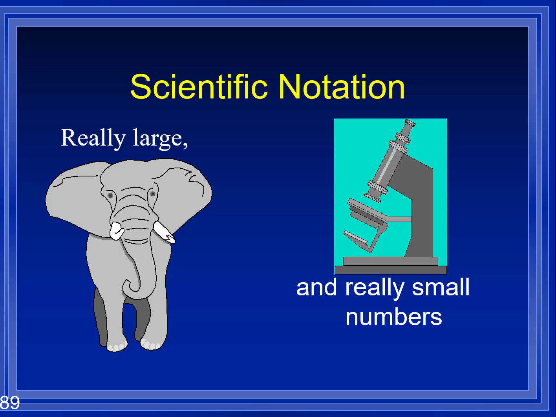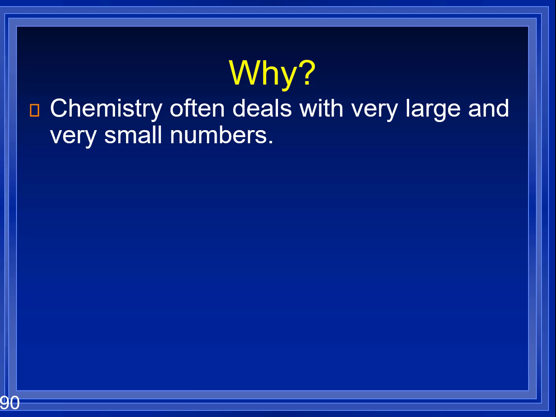To give you a sense of why we need to deal with really large and really small numbers, we'll talk about the kinds of things that we can expect to investigate in chemistry, and things you could easily see that you would need to do math with. So chemistry deals with very large and very small numbers.